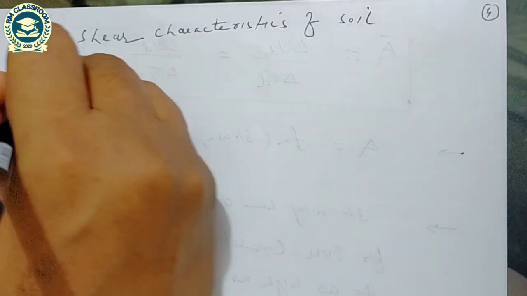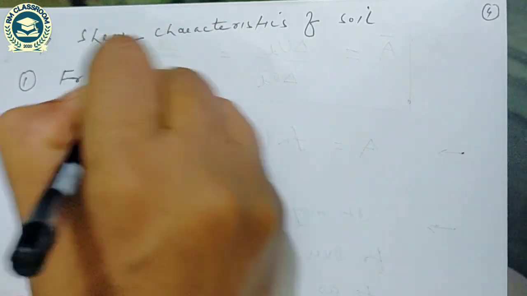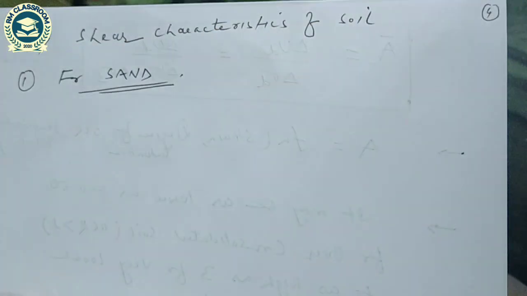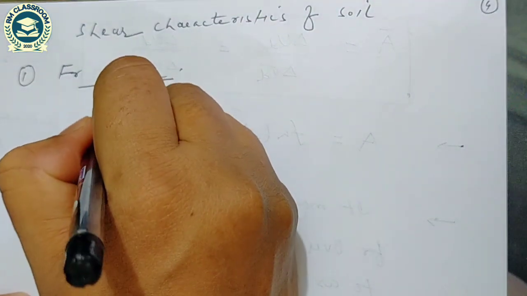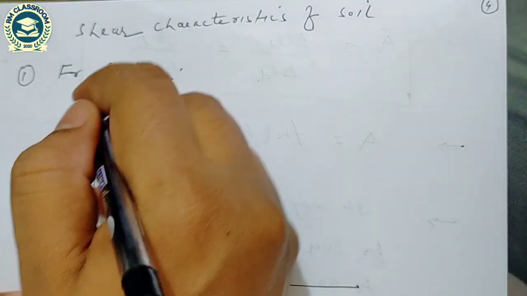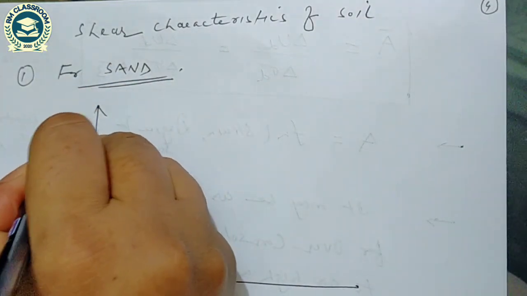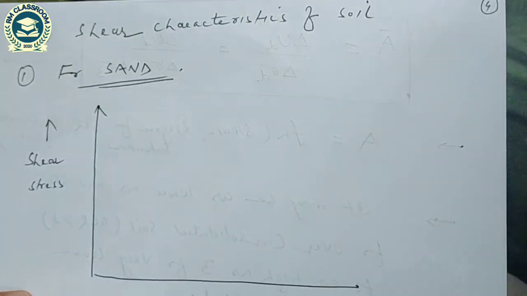So for sand, if I draw the graph between the shear stress and shear strain, on the y-axis it is shear stress, and on the x-axis it is shear strain.